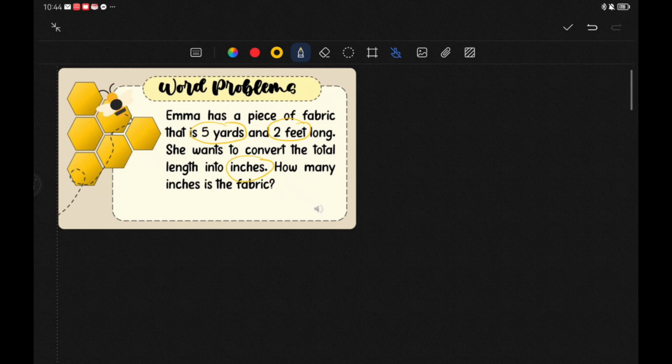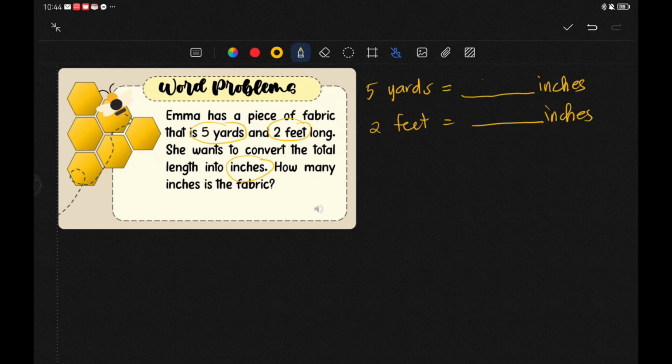So first, we are to convert 5 yards to inches. The second one, we have 2 feet to inches. Let us first solve the yards to inches.